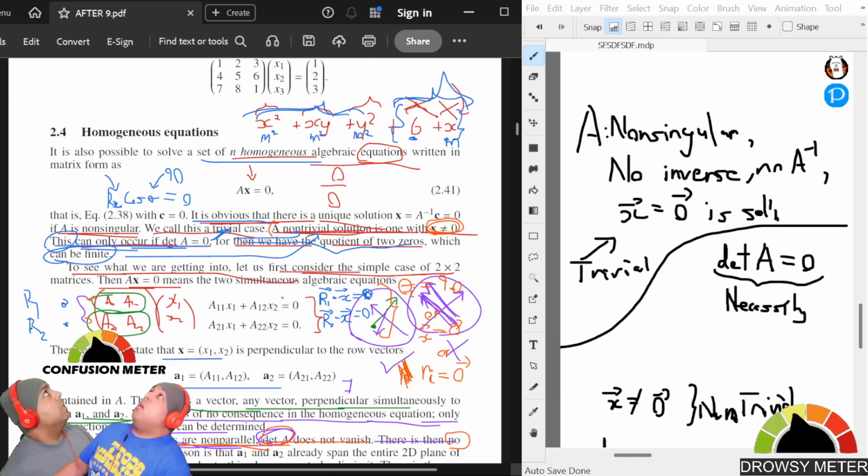In limits, especially in calculus, we encounter stuff like the limit as x approaches a of f over g equals 0 over 0. This is called an indeterminate form. It doesn't mean the limit doesn't exist. It means we need to analyze further. Example, the limit as x tends to 0 of sine x over x.